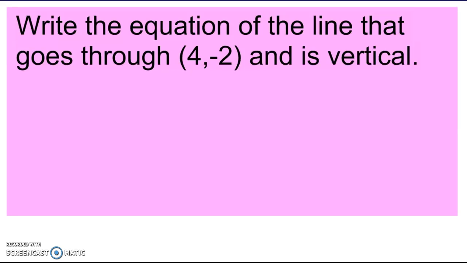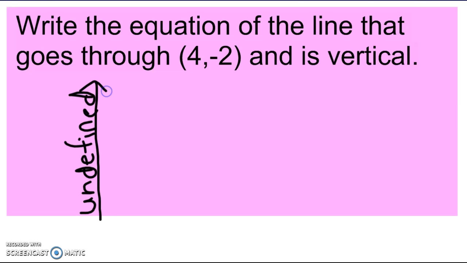We'll write the equation of a line that goes through 4, -2 and is vertical. Well, this doesn't really go with parallel and perpendicular, but we do need to remember some rules. If a line is vertical, it goes like that. What kind of slope is that? I remember it by saying it goes up and down, so it's undefined.